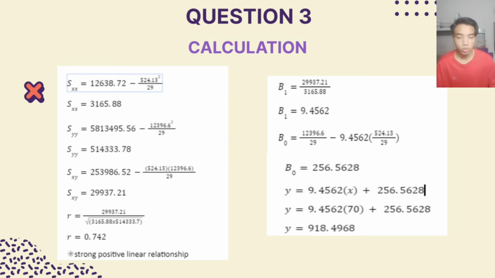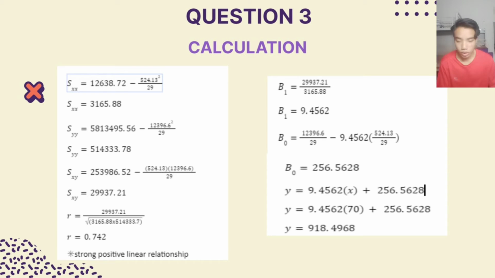Then we need to calculate Sxx, Syy and Sxy. The formula is the sum of x square minus the sum of x squared divided by n, and it goes the same for yy and xy.